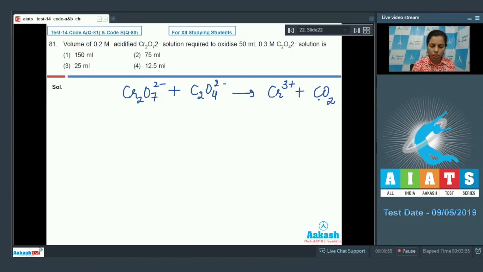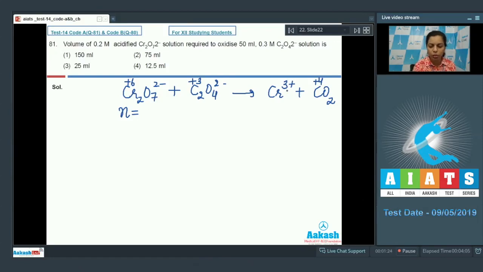So let's check the oxidation states of the species. If I talk about chromium, here it is in +6 oxidation state. Carbon is here in +3 oxidation state. Here this is chromium, this is in 3+ oxidation state. And if I talk about carbon in CO2, that is +4 oxidation state. We know that the N factor for any species we can find out with the help of change in oxidation state per atom.